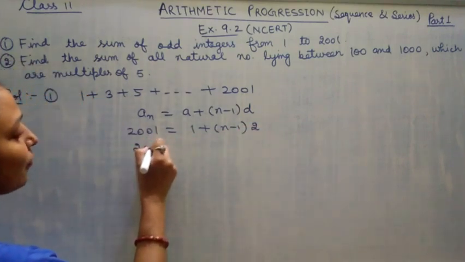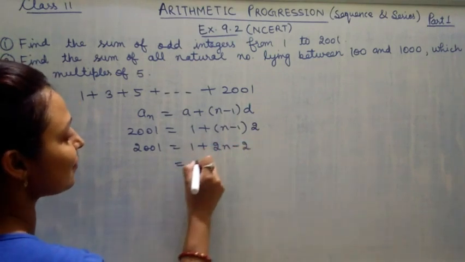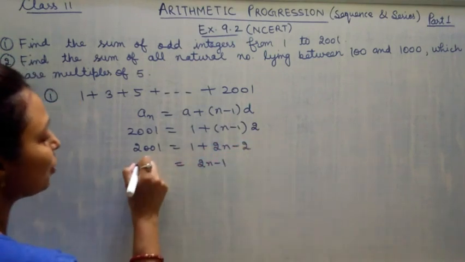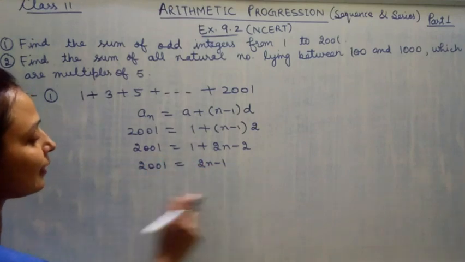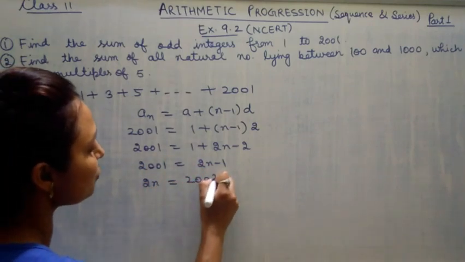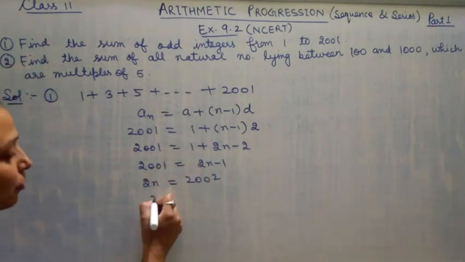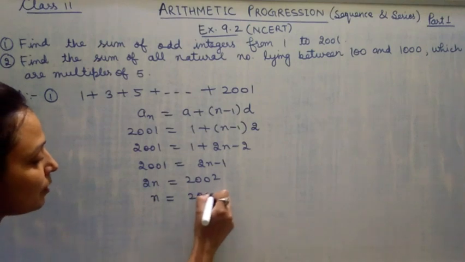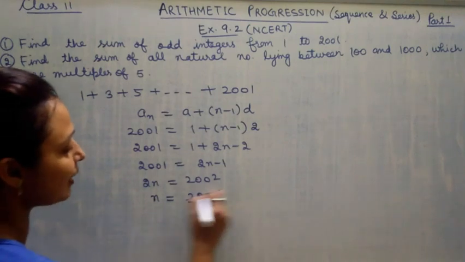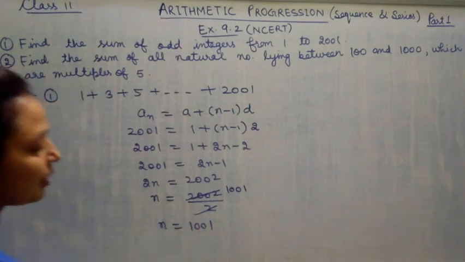Now 2001 is equal to 1 plus 2n minus 2, that is 2n minus 1. So 2n is equal to 2001 plus 1, that is 2002, n is equal to 2002 upon 2. After cancellation, 1001. So n is equal to 1001.